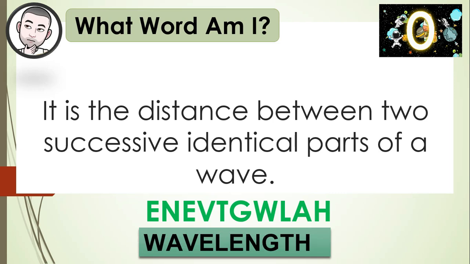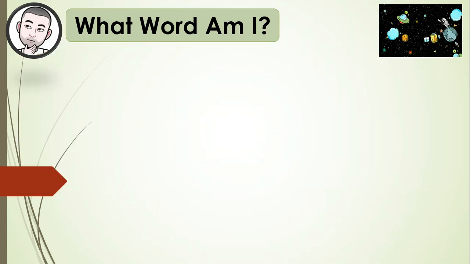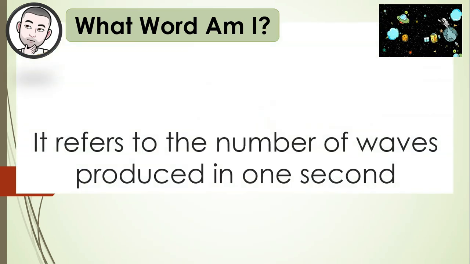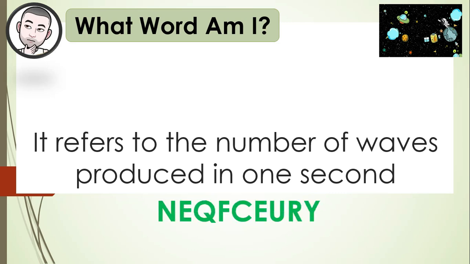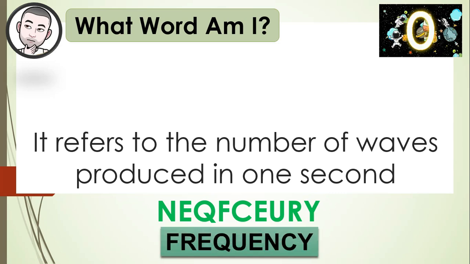The correct answer is wavelength. Challenge number 6. It refers to the number of waves produced in 1 second. These are the jumbled letters. Your 5 seconds start now. The correct answer is frequency.